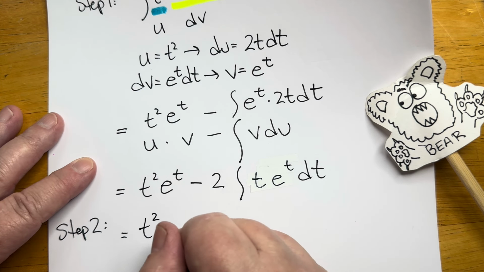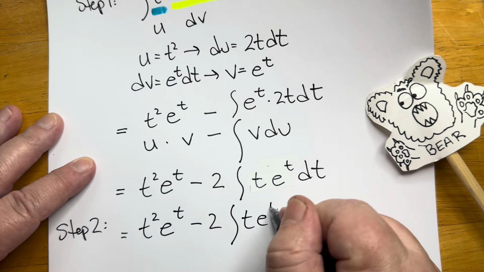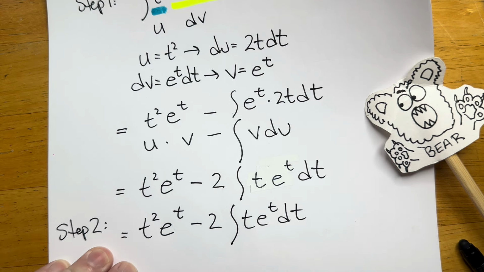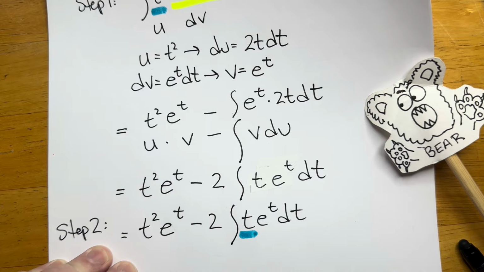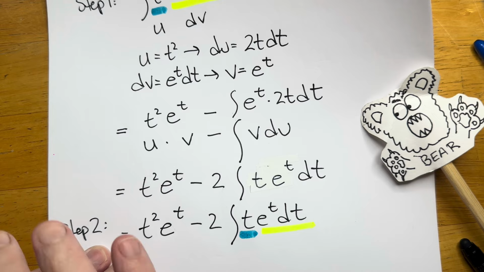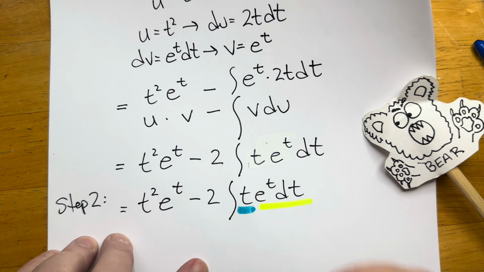t squared e to the t minus 2 t e to the t dt, and I'm going to go ahead and call this my u, and this is going to be my dv, sorry about that, too many letters.